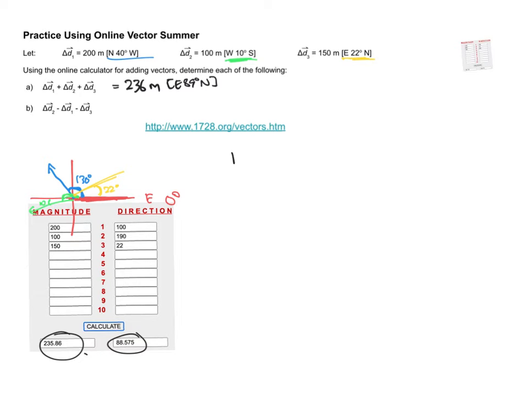For part B, it says it's displacement 2 minus displacement 1 minus displacement 3. So I actually need to add the opposite.